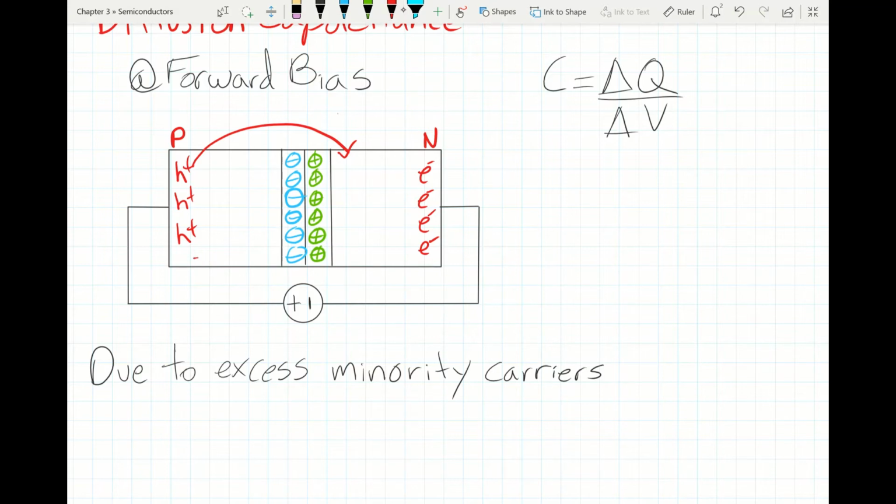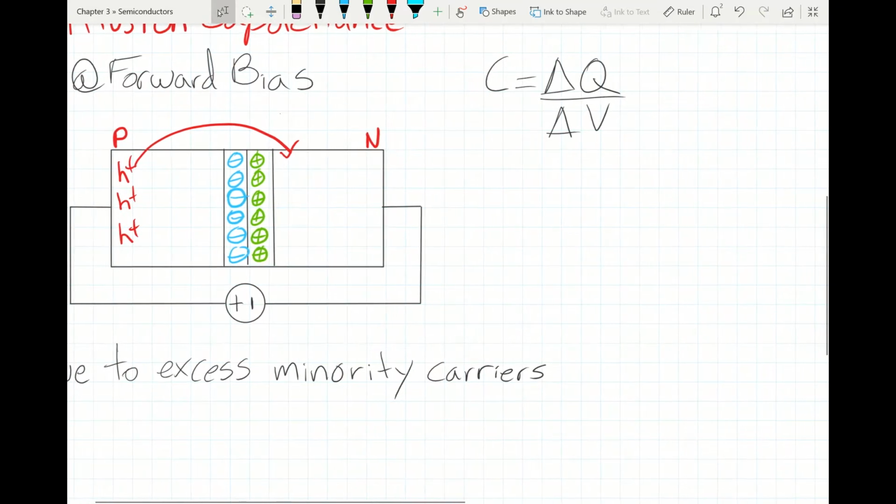And let's see what happens with the holes first. I'm going to erase these majority carrier electrons here. When majority carrier holes on the P side diffuse into the N side, they become minority carriers on that N side. So these minority carriers diffuse and are first seen here close to the depletion region, right?